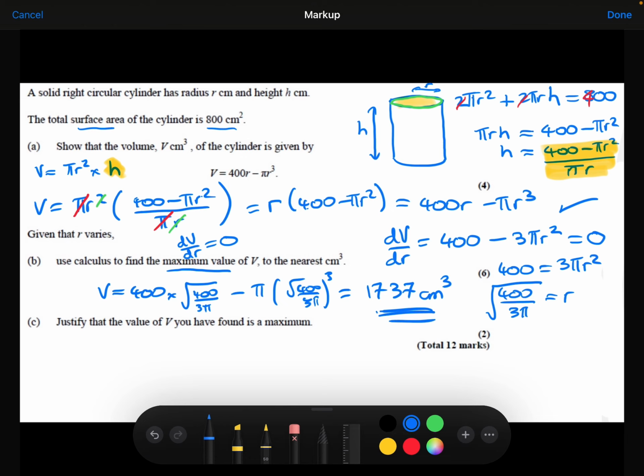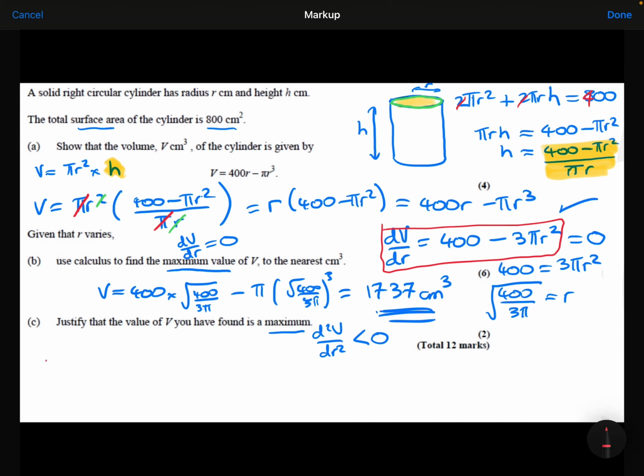Part C says to justify that the value of V we have just found is a maximum rather than a minimum. So I know at a maximum, the second derivative is going to be negative. So that's what I need to show. First of all, let's get an expression for the second derivative by taking my first derivative and differentiating it again.